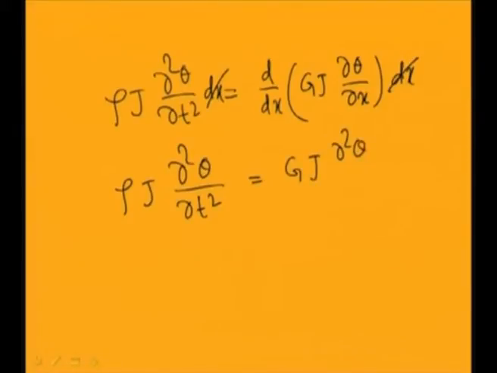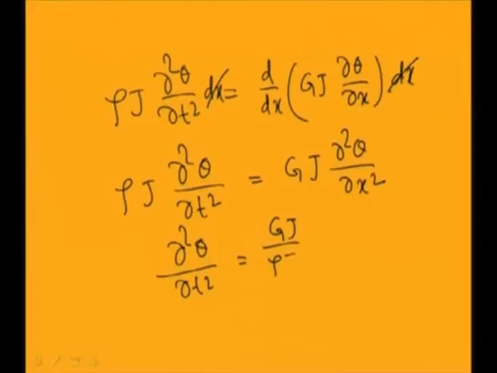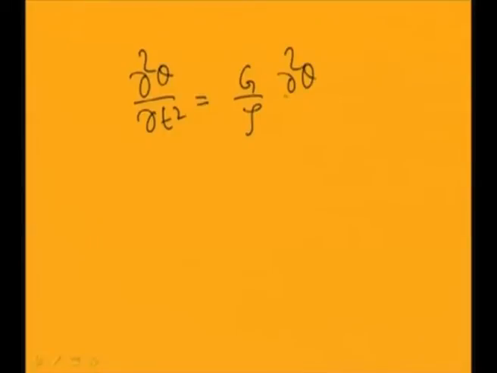∂²θ/∂x². Or I can write ∂²θ/∂t² equal to G J by rho j ∂²θ/∂x². The J's get cancelled, so ∂²θ/∂t² equals G by rho, where rho is the mass density, into ∂²θ/∂x².